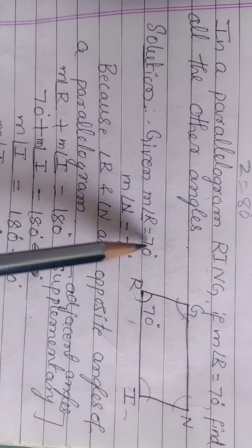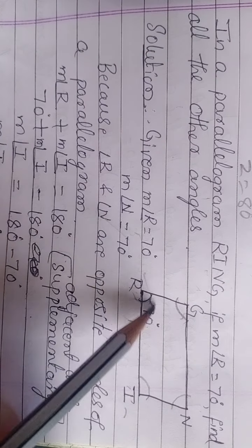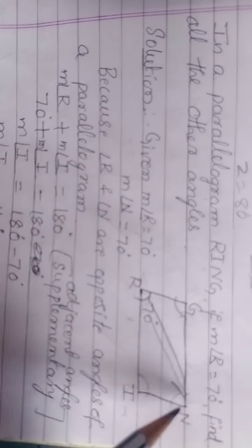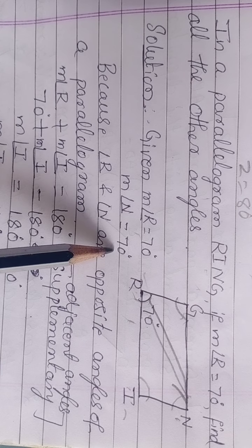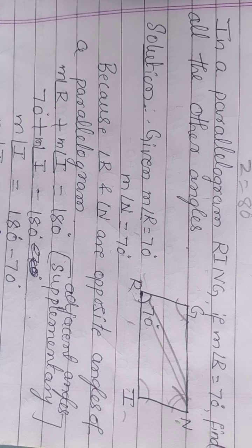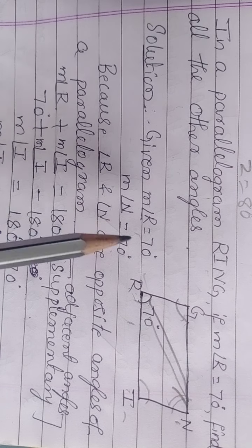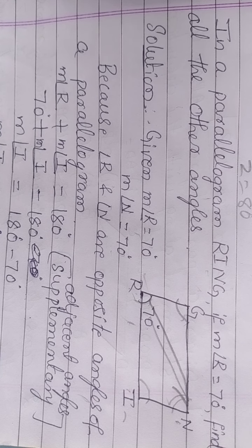First, write down the given thing. R they have given, M of R is equal to 70 degree. For R, which is the opposite angle? N is the opposite angle, therefore M of N will be equal to 70 degree. Now we got one angle. Why are they equal? Because they are opposite angles of a parallelogram.